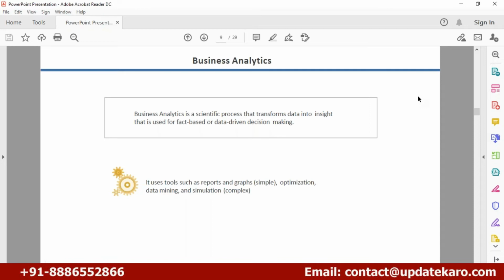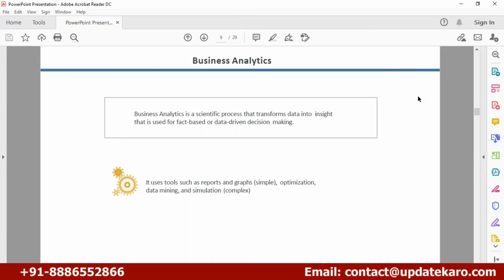So what is business analytics? Business analytics is a scientific process that transforms data into insight that is used for fact-based or data-driven decision making.